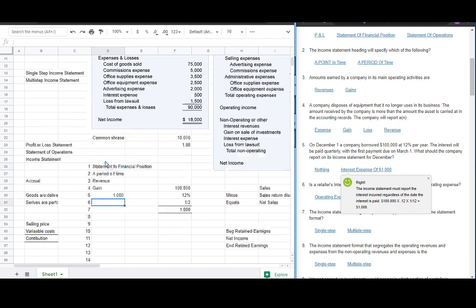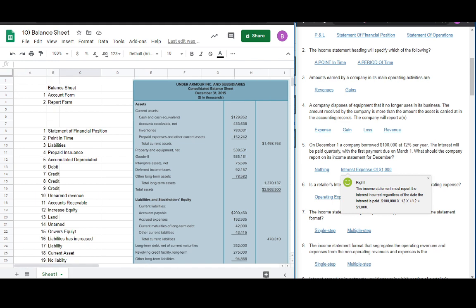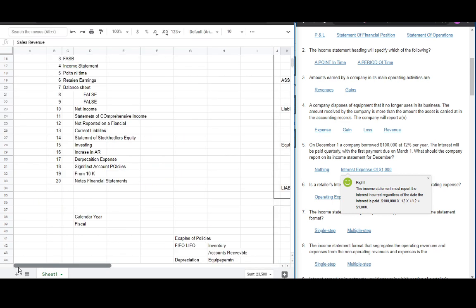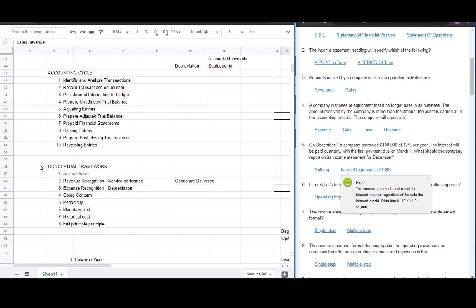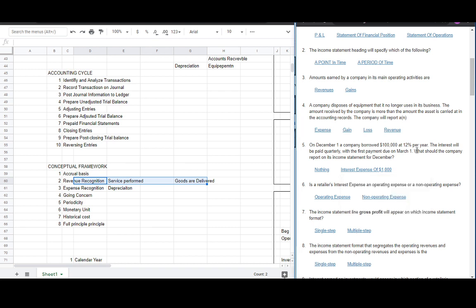Because of the conceptual framework, that even though we have not paid pa the interest because it is due on March, but since as time goes by, we must recognize the expense. That's the expense recognition principle.